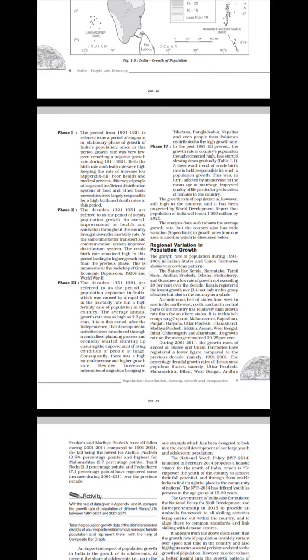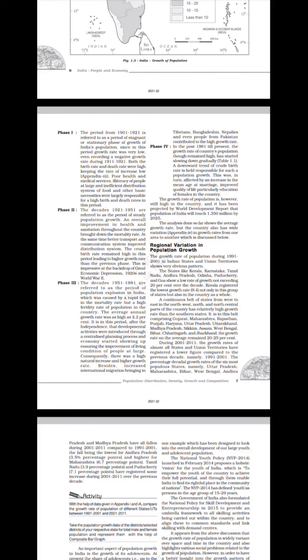The growth rate of population during 1991 to 2001 in Indian states and union territories shows a very obvious pattern. The states like Kerala, Karnataka, Tamil Nadu, Andhra Pradesh, Odisha, Puducherry and Goa show a low rate of growth not exceeding 20% over the decade. Kerala registered the lowest growth rate, 9.4, not only in this group of states but also in the country as a whole.